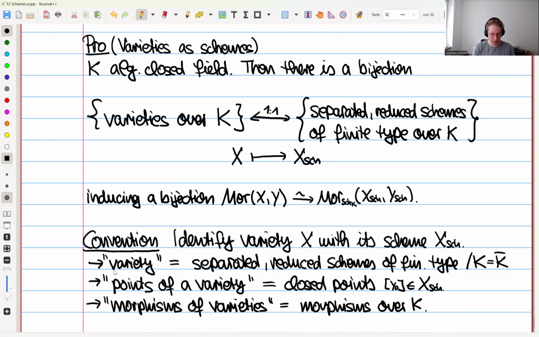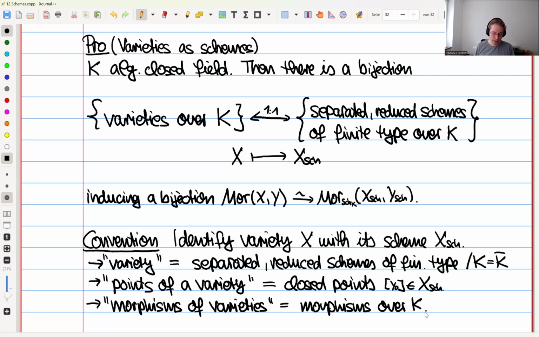So in the last part of the course, when I say variety, I just mean a separated reduced scheme of finite type over this field that we work with. When we say points of a variety, we mean exactly these closed points associated to these irreducible 1-element sets inside this X scheme. And when we say morphism of varieties, we just mean morphisms of schemes over K.